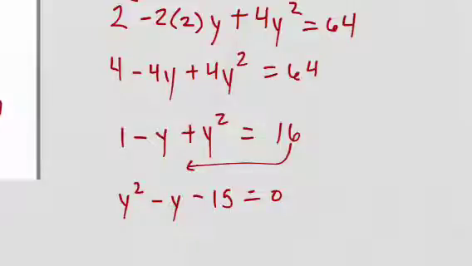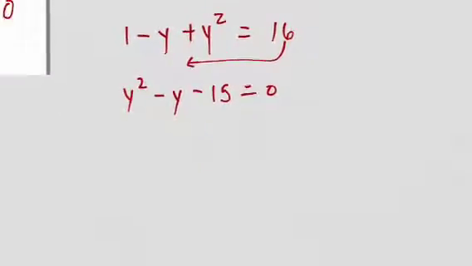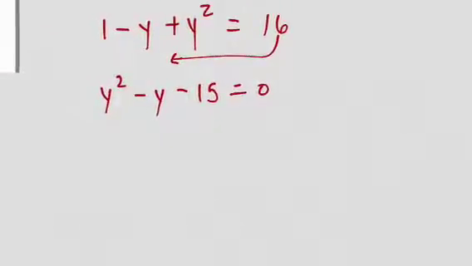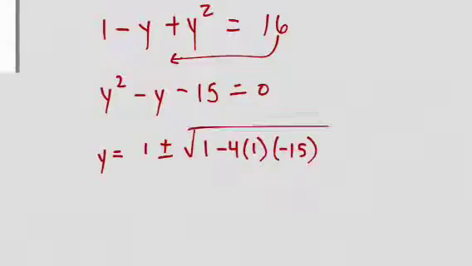And here we have a quadratic. I can't factor it though, so I have to use the quadratic formula. Hopefully you remember that. y equals the opposite of b, so the opposite of negative 1, that's 1, plus or minus the square root of 1 squared minus 4 times 1 times negative 15, all divided by 2 times 1.